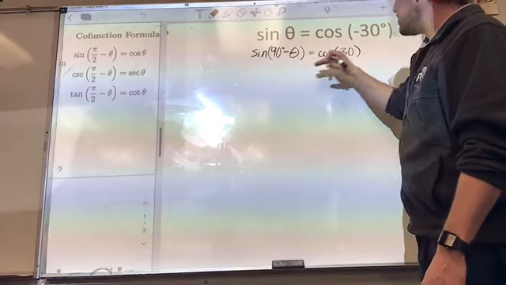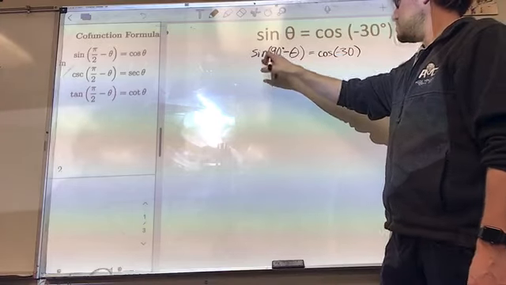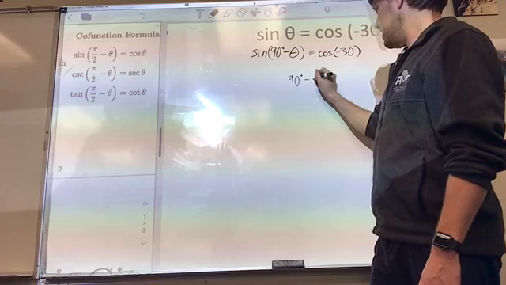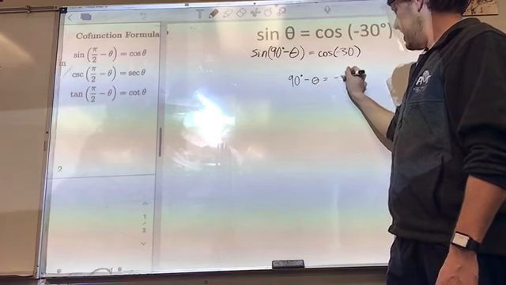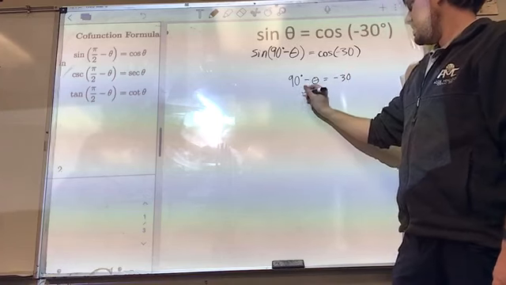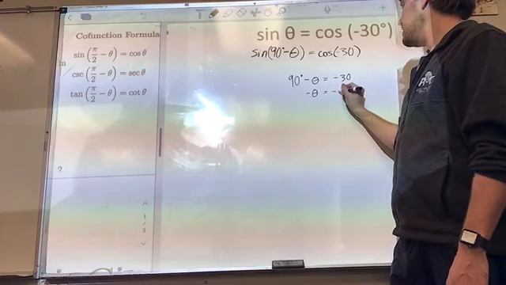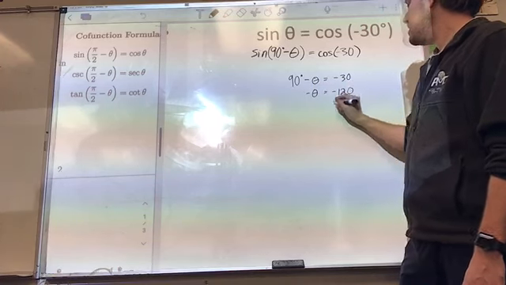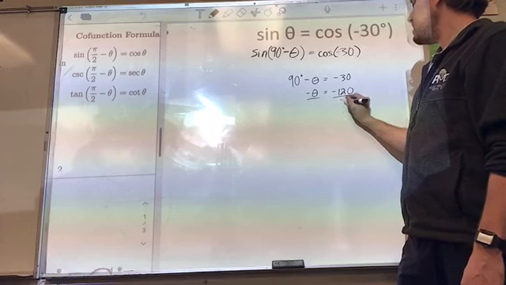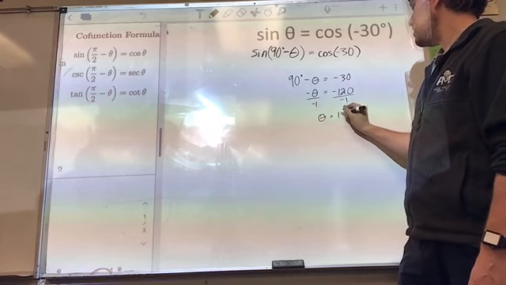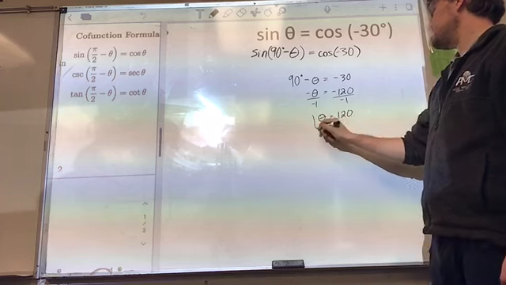We can just take the parentheses out because these are cofunctions. 90 minus theta equals negative 30. Solve algebraically. So minus 90, if I subtract 90, that is negative 120. Divide both sides by a negative 1. And we get theta equals 120.